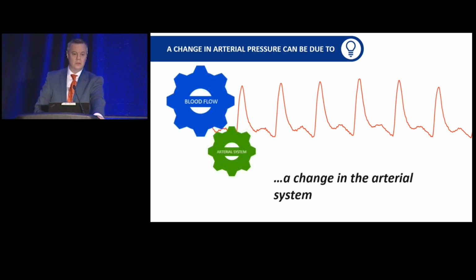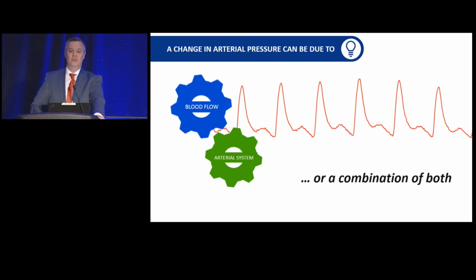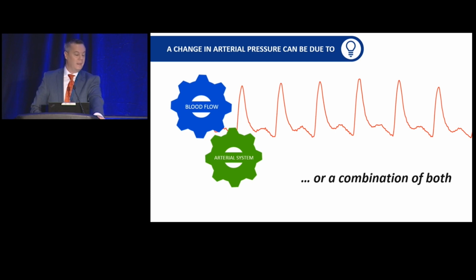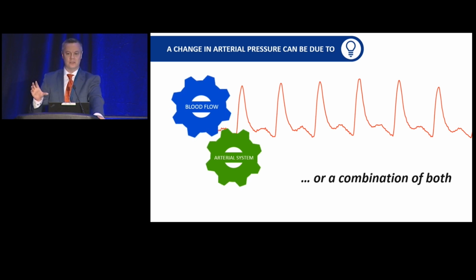But it could also be due to a change in the arterial system, for example during vasoplegia in septic shock patients, after induction of anesthesia, and more often due to a combination of both factors, a change in blood flow and a change in the arterial system.